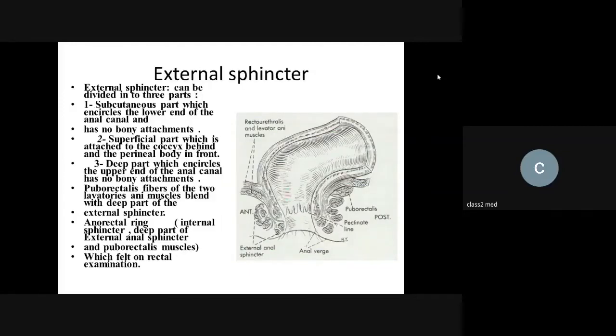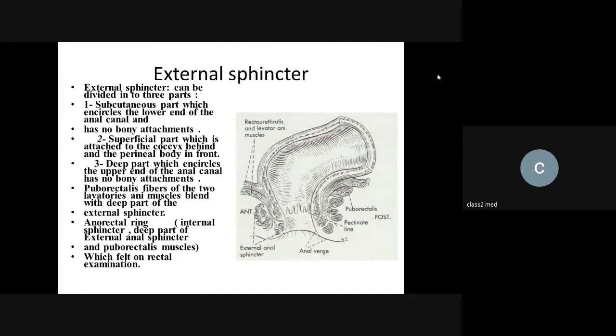The external sphincter consists of many parts. First, the subcutaneous part, which encircles the lower end of the anal canal. A feature of this part is that there are no bony attachments.